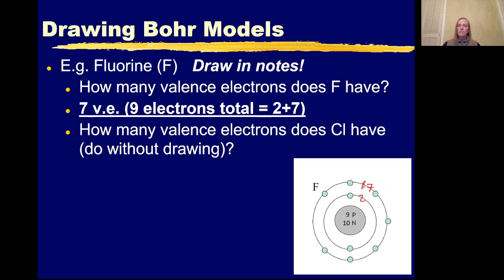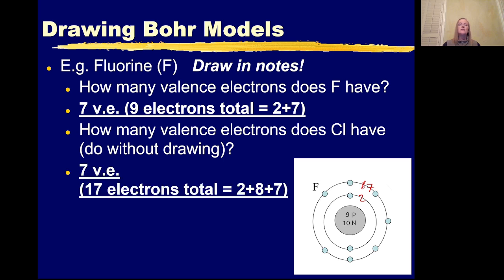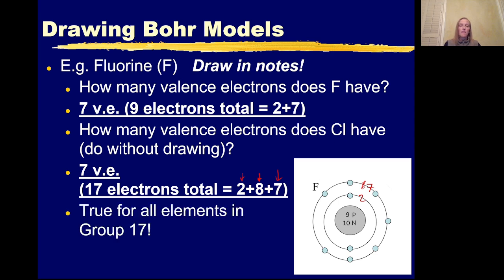So chlorine has 17 electrons total, and if we have 2 in the first energy level plus 8 in the second energy level, that takes us up to 10, so we only need to have 7 electrons in the third energy level, and we're done. We see that we once again have 7 valence electrons. Like the pattern we saw for group 1, this is true for all elements in group 17. Every element in group 17 has 7 valence electrons.